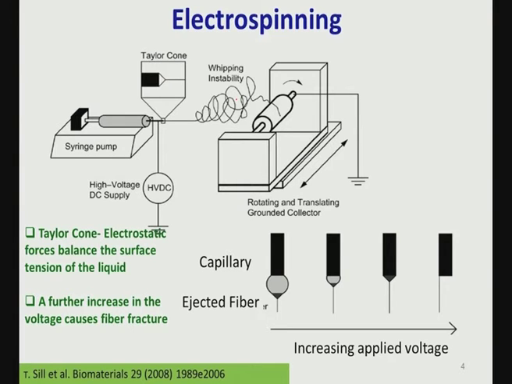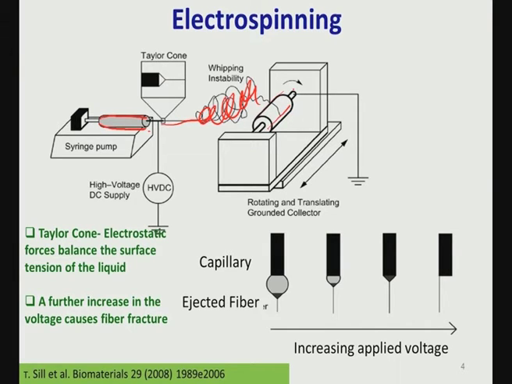The second one is the electrospinning technique. In electrospinning, you take the polymeric precursor solution in a syringe pump and make a Taylor cone. You then make this Taylor cone unstable, and the jet is deposited either on a rotating and translating collector, or simply on a receiver plate.